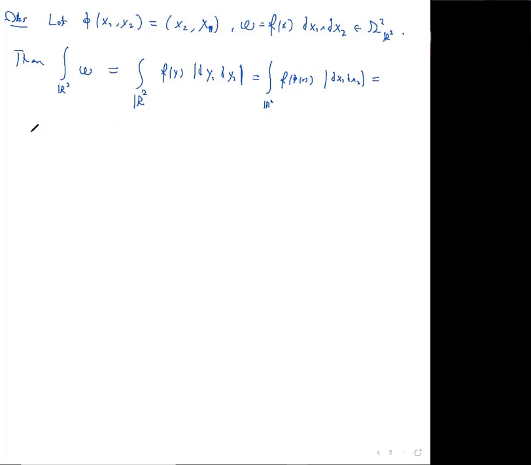And now what I would like to say is that this is the same as this, but it's not. You've got a minus there, because you're missing the determinant still. And this switches things, when you take the pullback, this switches x1 and x2. So this is not going to work.